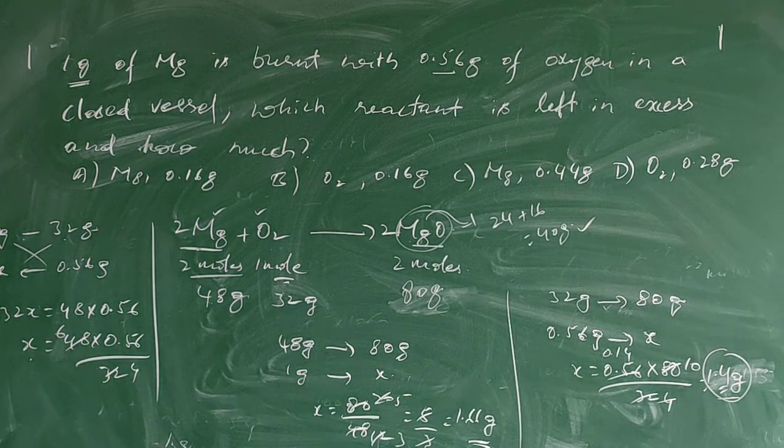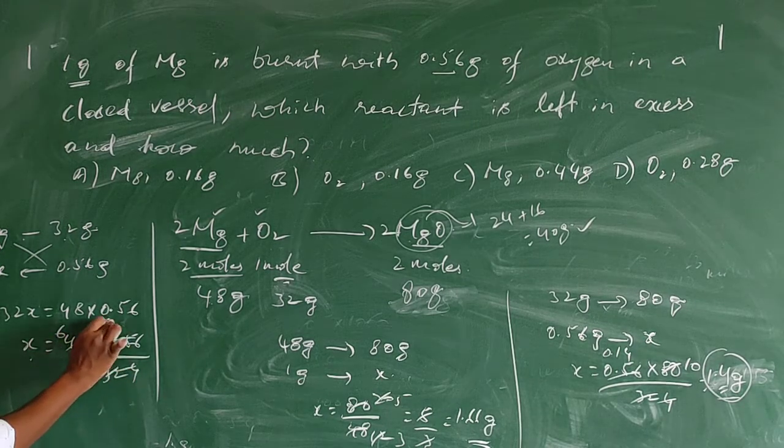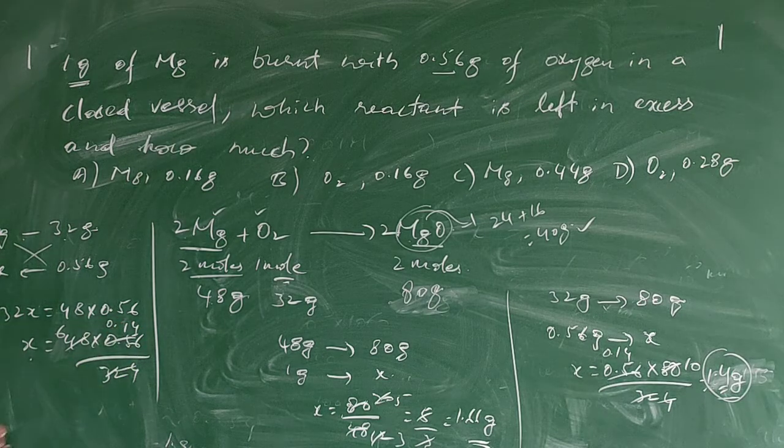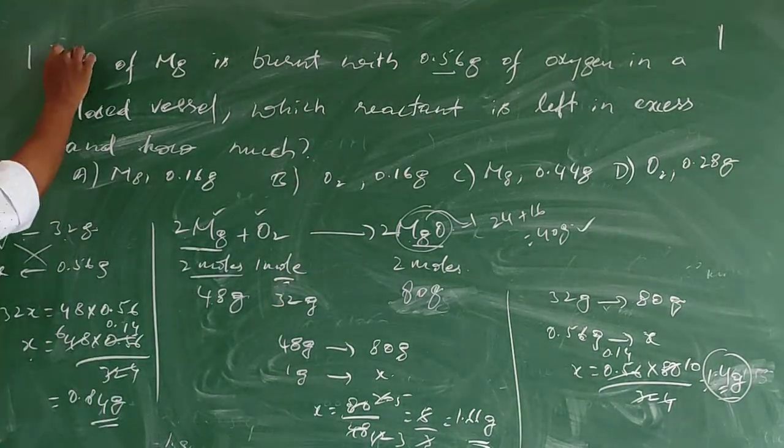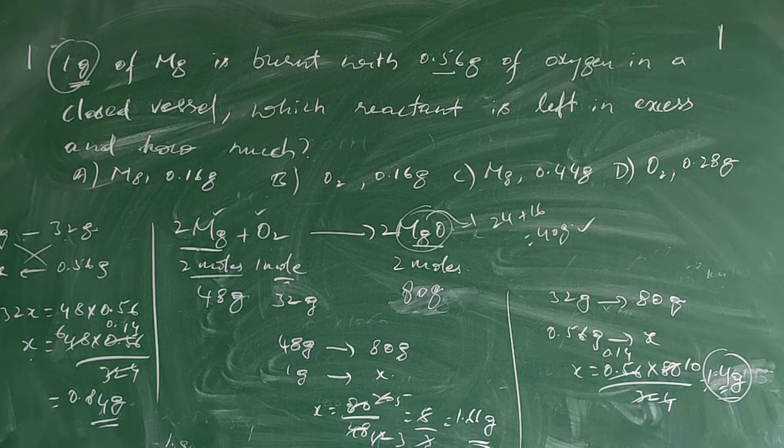Which is nothing but 0.84 grams. So this is the amount of magnesium which is required by 0.56 grams of oxygen. So in the question here we are having 1 gram of magnesium, but oxygen requires only 0.84 grams.